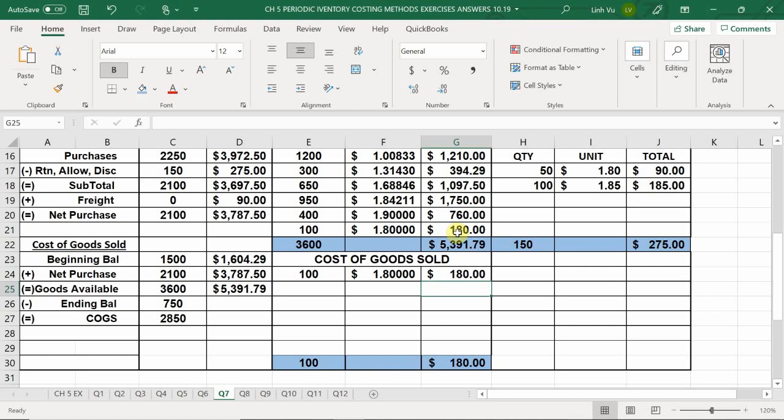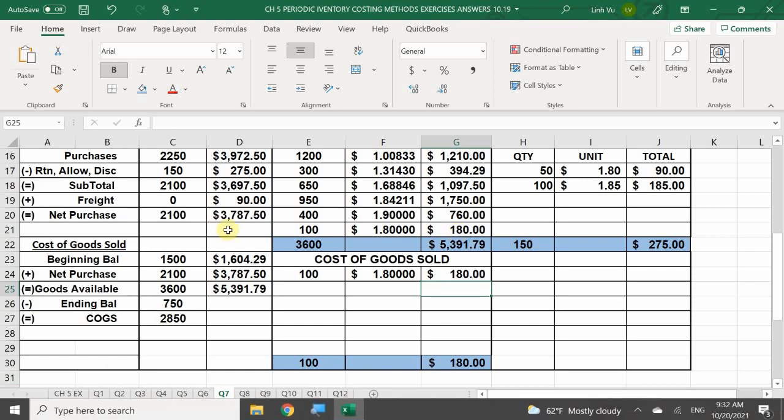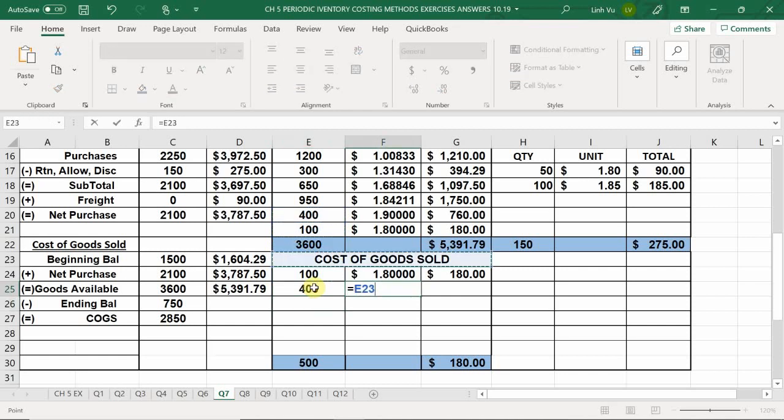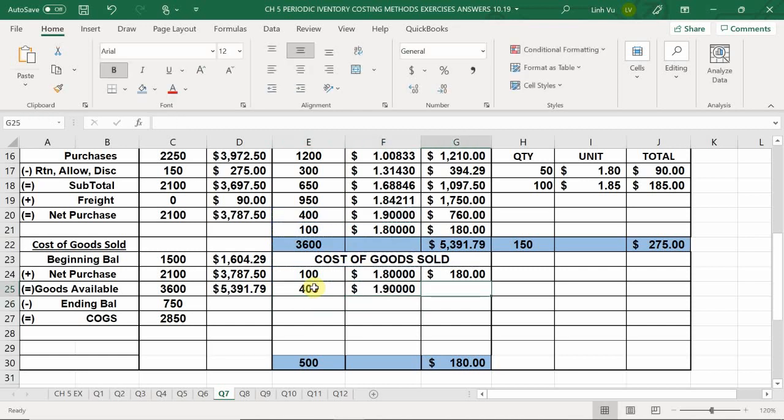Alright, so now that I eliminated my first 100, which batch is going to come next? 400. The 400 batch right here at $1.90. So therefore, that should give me a grand total of $760. So I sold my first 500. I have a long way to keep going.